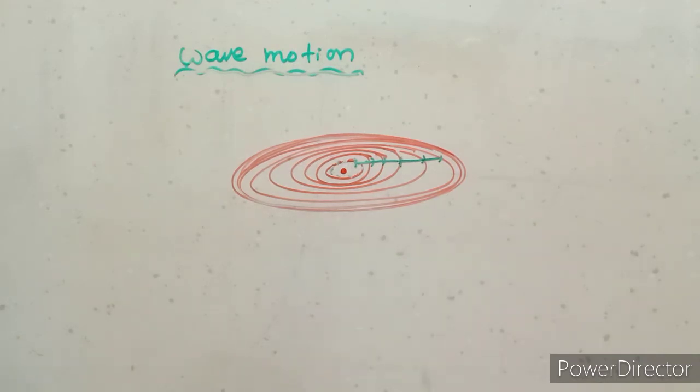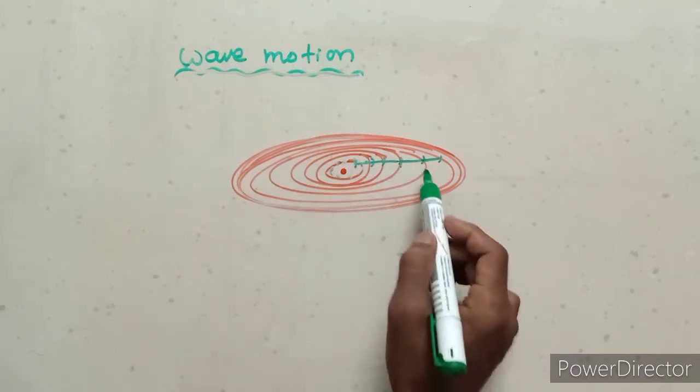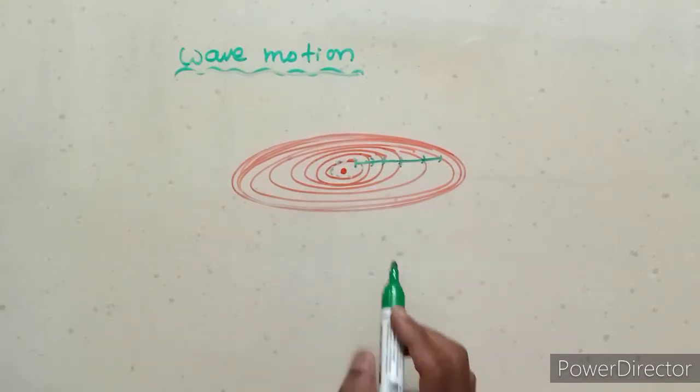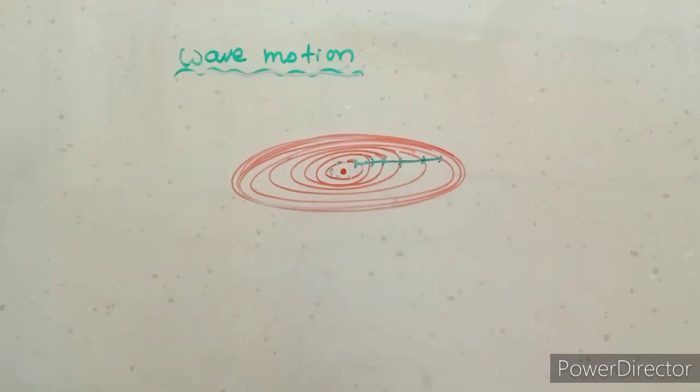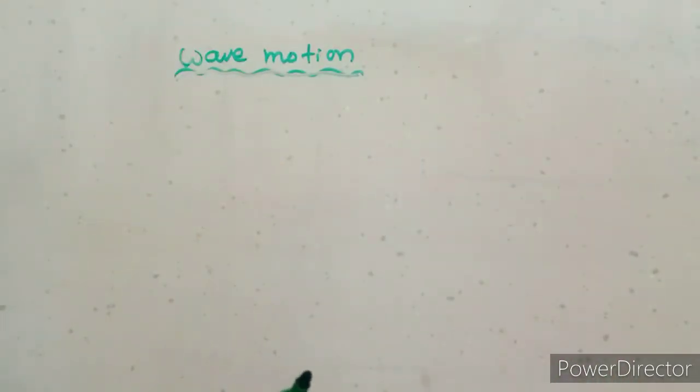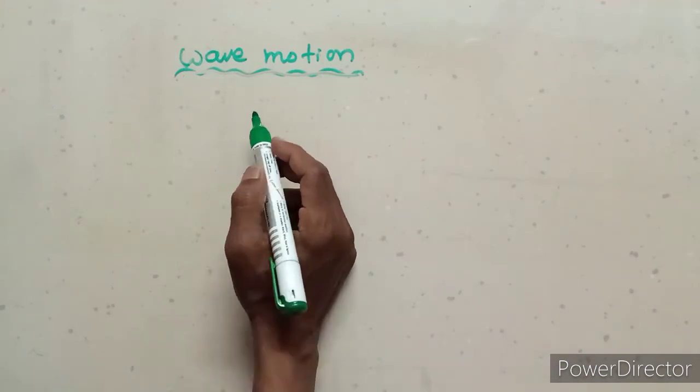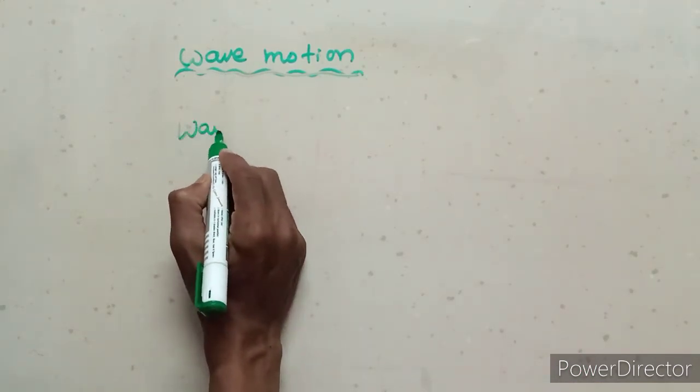So if a rock or anything is thrown onto the water surface, then the water particles propagate this way, and the disturbance is transferred from one location to another location. This is the wave.